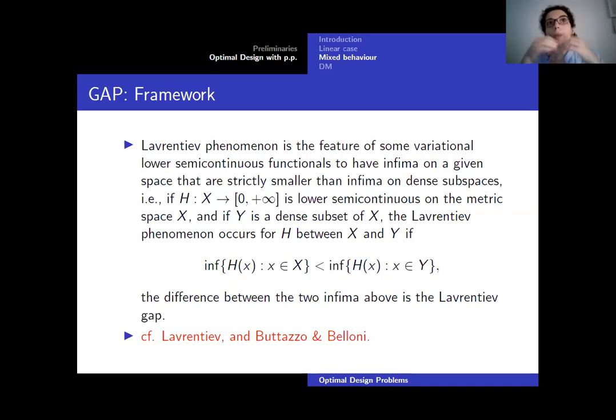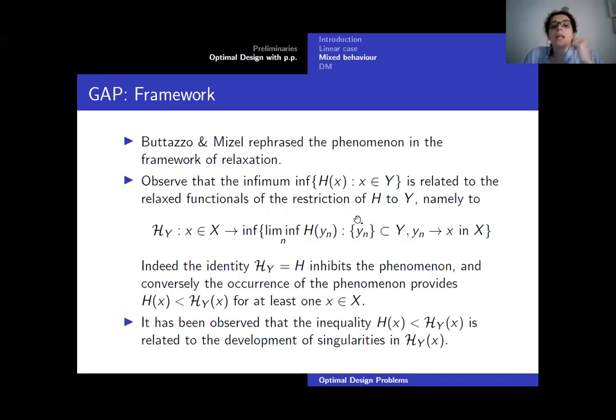But from our point of view, it's very interesting, let's say, the interpretation of this phenomenon due to Buttazzo and Mizel, which is the following.